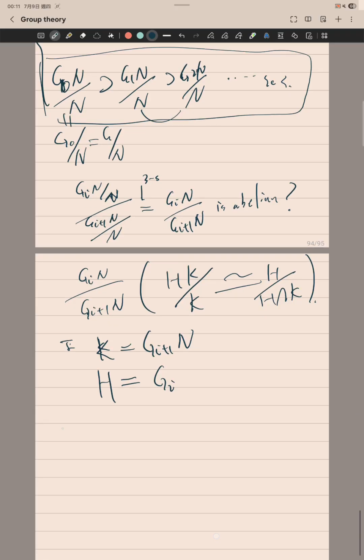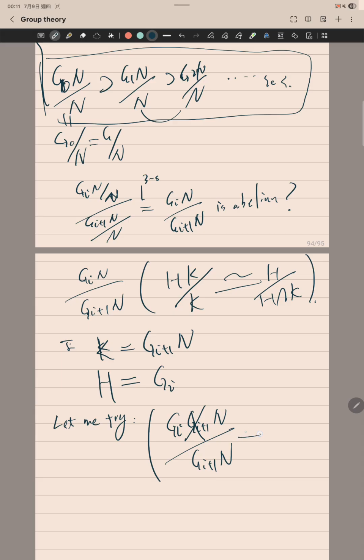Okay, so let me try. Now the left hand side is G_{i+1}N quotient G_{i+1}N. Since G_{i+1} sits inside G_i, this is exactly G_iN, and it is isomorphic to G_i quotient G_i ∩ G_{i+1}N.